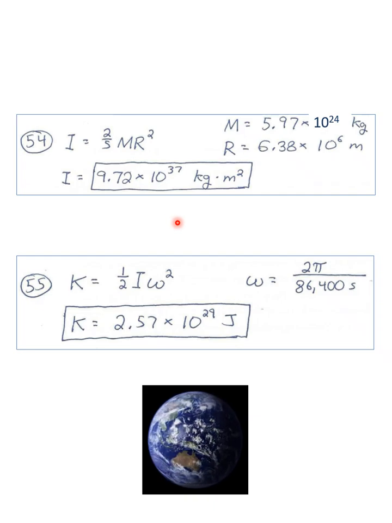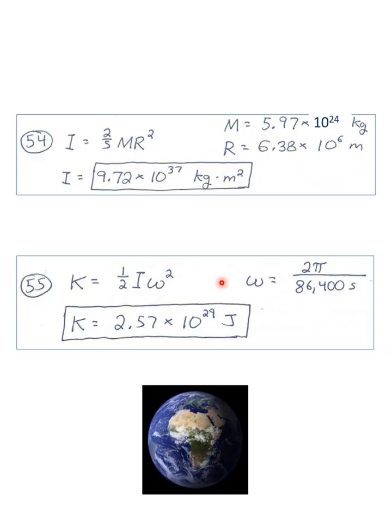Number 55, use your answer to the preceding problem to find Earth's rotational kinetic energy. All right, kinetic energy is 1/2 I omega squared, and we got I for number 54, but we need omega. So how many radians per second does it take for Earth to spin around?